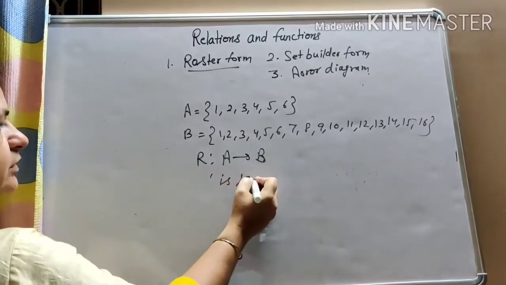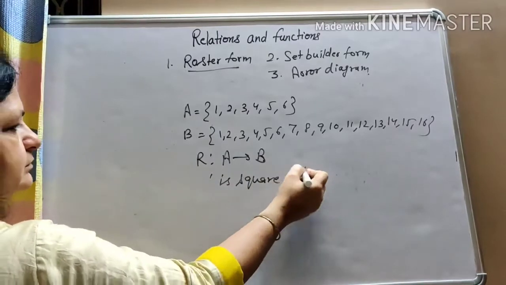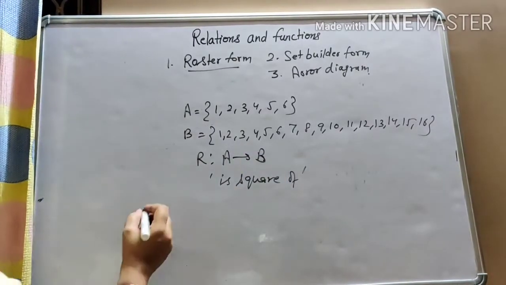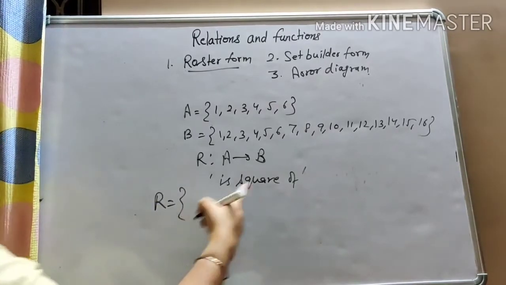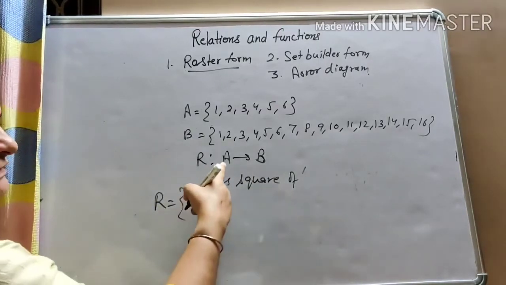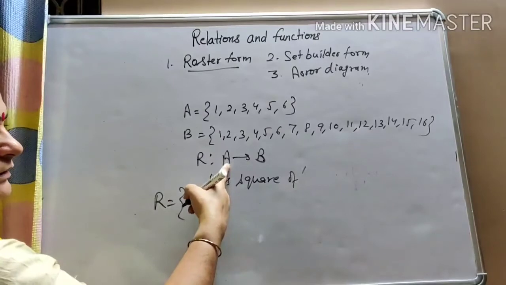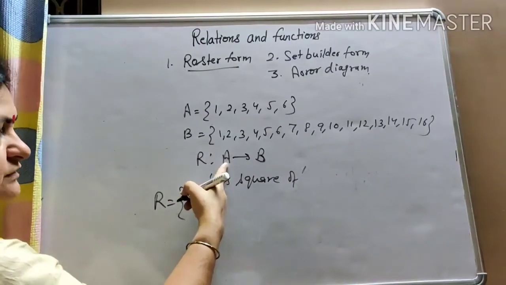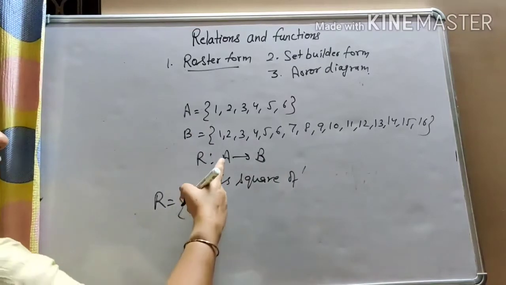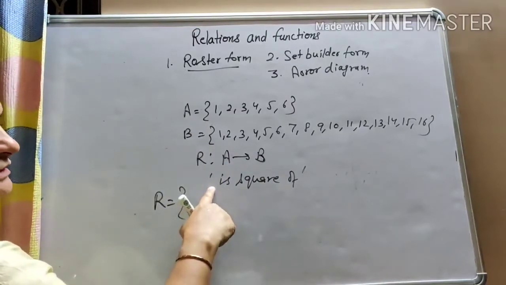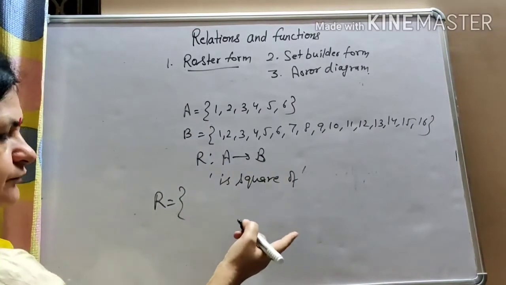Is square of. Now, is square of. It means first element will be of set A and second element will be of set B. Now, relation is square of.